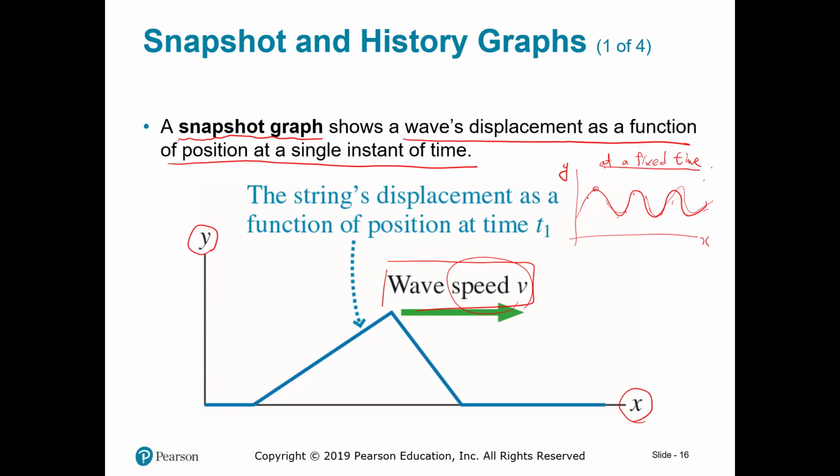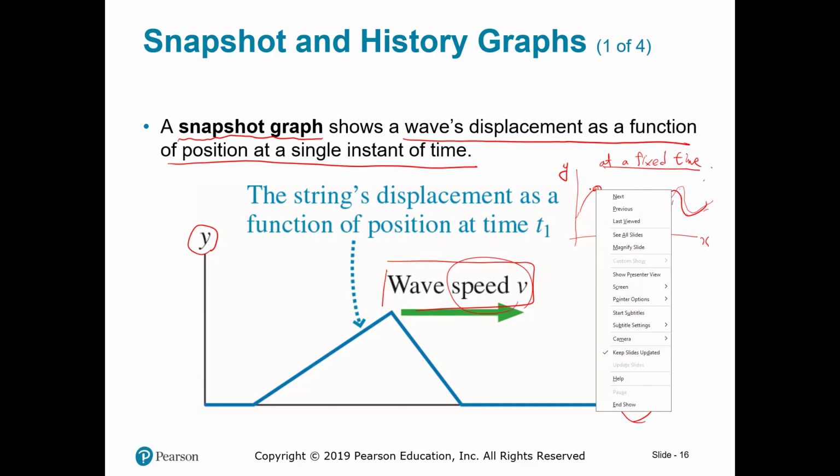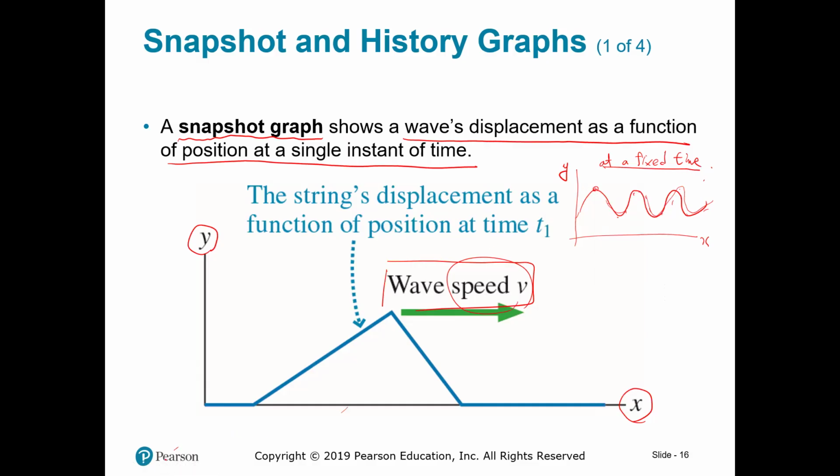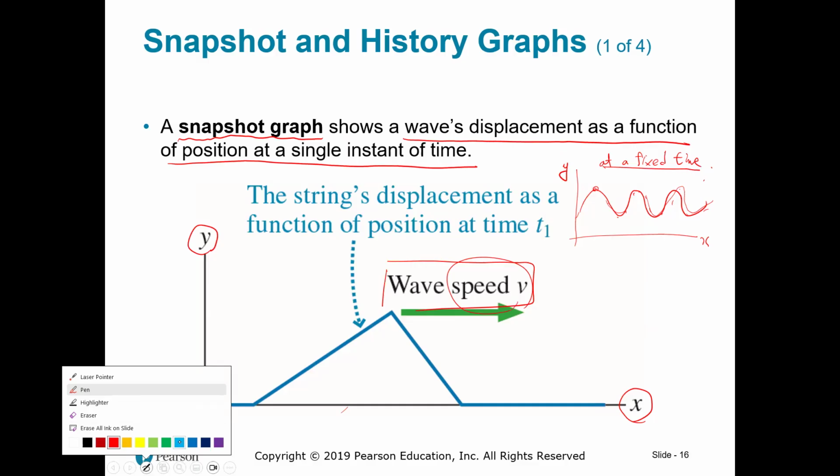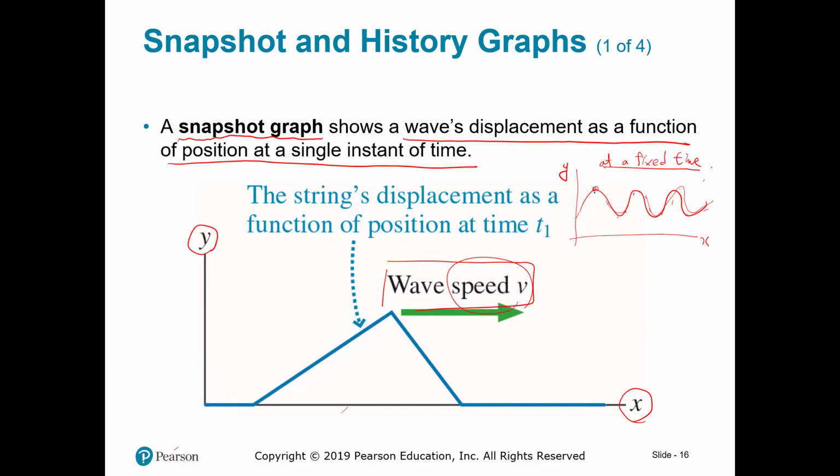Okay, so now let's assume we are interested in this wave here, right? And assuming the wave is traveling to the right, you take another photo a few seconds later, maybe 1 second later.